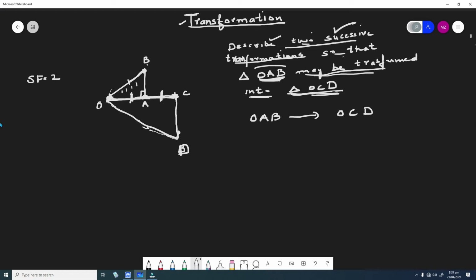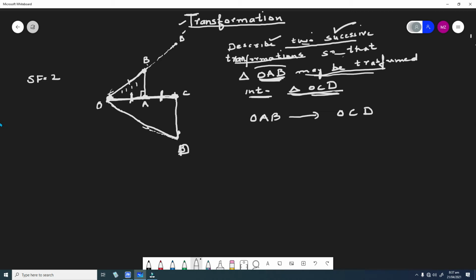Similarly, we can find the image of B. Again we have to move along this line, and the image of B will be along this line, 2 units from the center of enlargement. So from O to B is 1 unit, and from B to another point, maybe B prime, is the second unit.